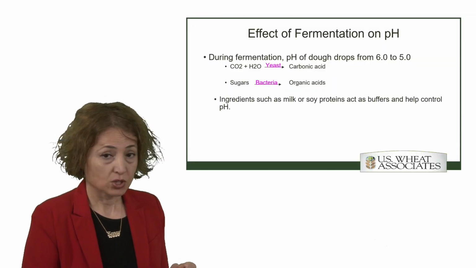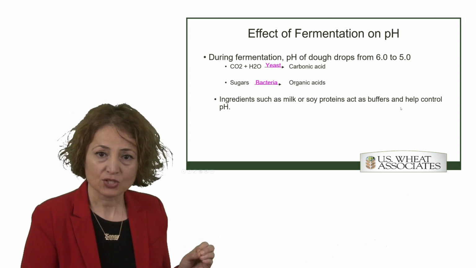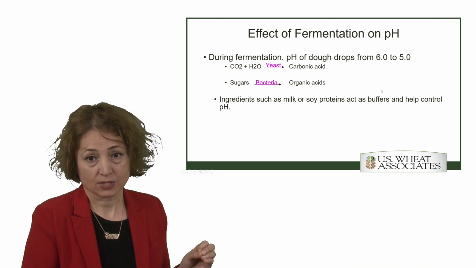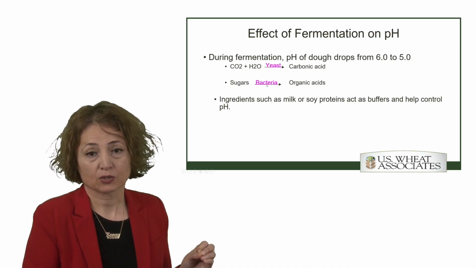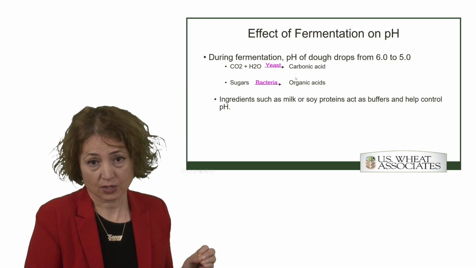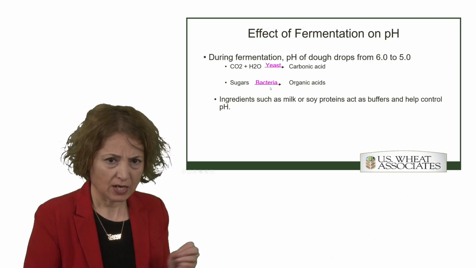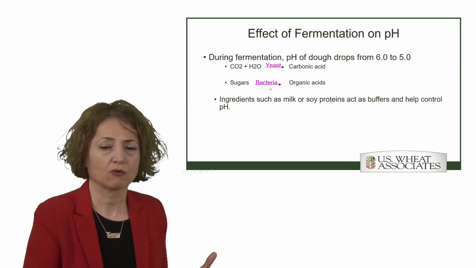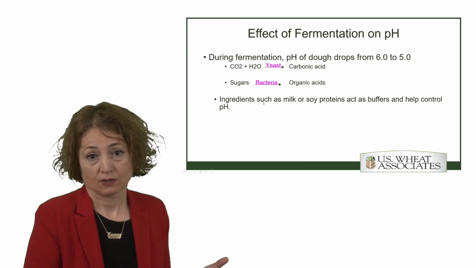Effect of fermentation on pH: as I mentioned a couple of minutes earlier, during fermentation pH drops from 6 to 5, even 4.7, because bacteria ferment sugars and produce organic acids. Yeast is producing carbonic acid from carbon dioxide and water, and then naturally found microorganisms, which are not pathogens, just natural microorganisms found in the dough, can produce organic acids.